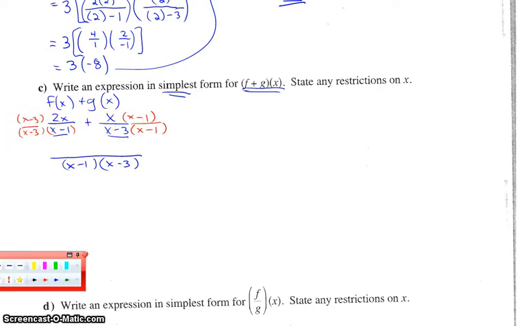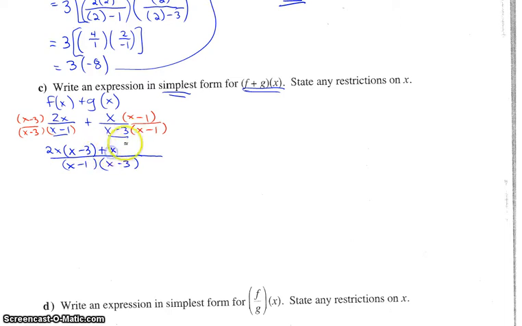So now, in the numerator, we have this 2x times x minus 3. Do not multiply that out yet. We're going to keep it just like that because mistakes can happen with this positive sign. If it was negative, I've seen lots of mistakes happen, so let's just keep it like this first.